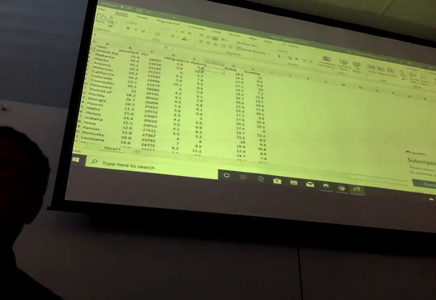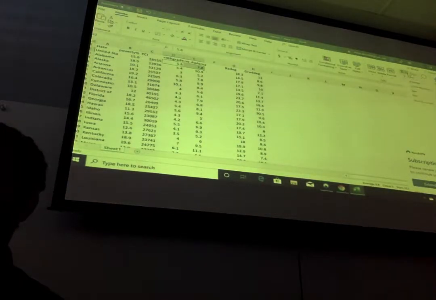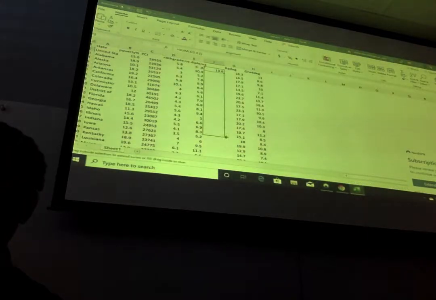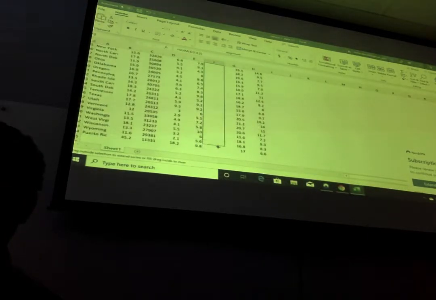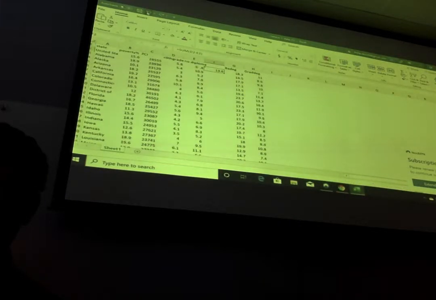Well, yeah, I guess you could do sum. You could go like this, and then you could grab this one and drag it down. But that really only works if you're adding two columns. Don't do that. Do this column equals this column plus this column.